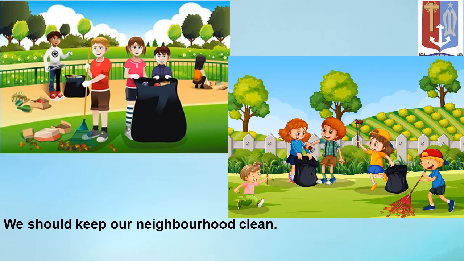You need to make sure that you carry the bottle with you home and then throw it in the wet bin. So children, you need to make sure that these things have to be taken care of because we need to take care of our surrounding. And if everybody takes the responsibility, then we can keep our surrounding clean.